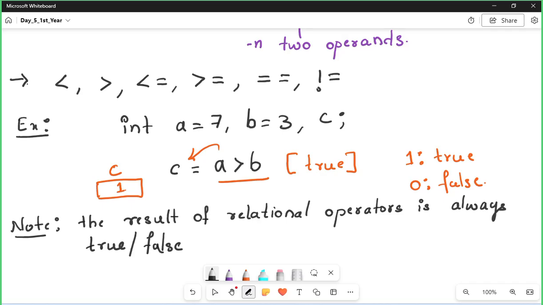You don't get any value other than 0 or 1. You will always get 0 or 1 from the relational operators.